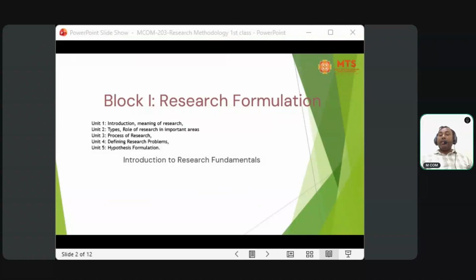This is the method that includes gathering and analyzing numerical data in order to measure correlations, patterns, and trends. Its main objective is to provide statistically sound and dependable results that may be applied to a broader population. Objective measuring: quantitative research uses objective measuring tools and methodologies, and large sample sizes. Okay, these are the features of quantitative research.